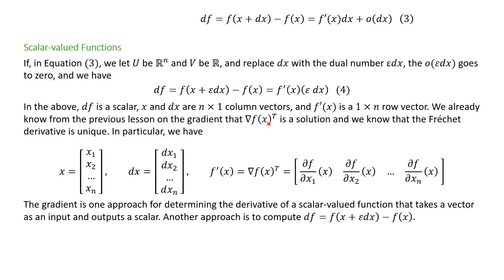So in other words, the gradient is a solution to this equation here. And I'm just drawing out what I stated in this paragraph. x is a column vector, dx is a column vector, and then the derivative is the transpose of the gradient. If you recall, the gradient was a column vector, but we need to multiply that times a column vector, so we need to convert this to a row vector.